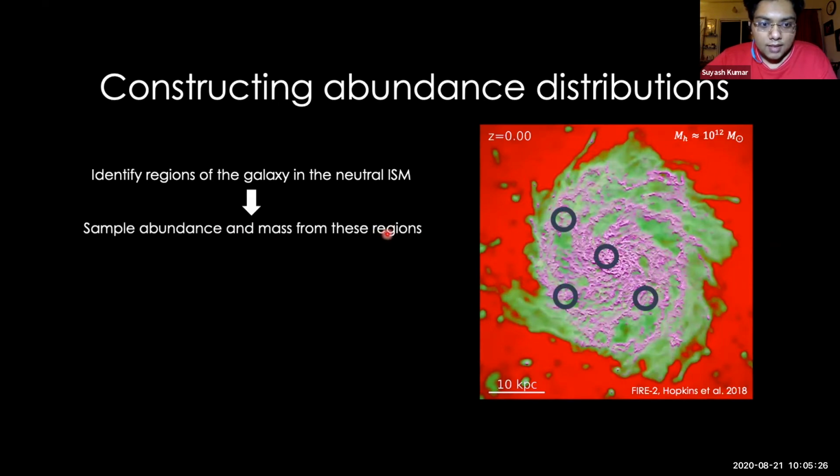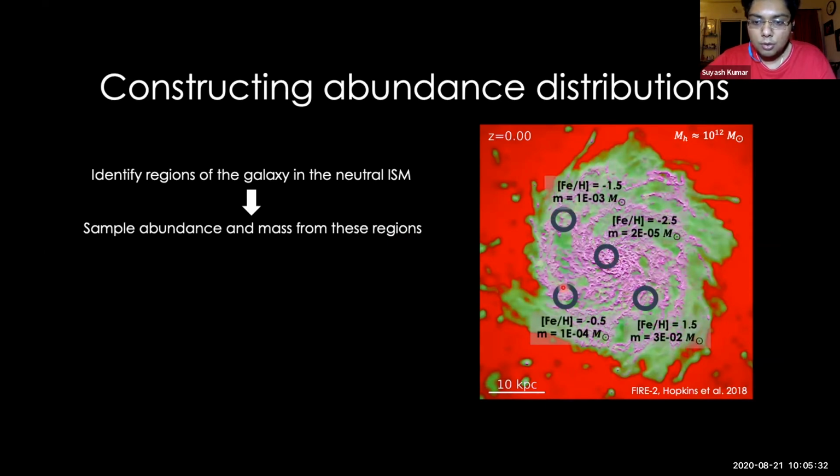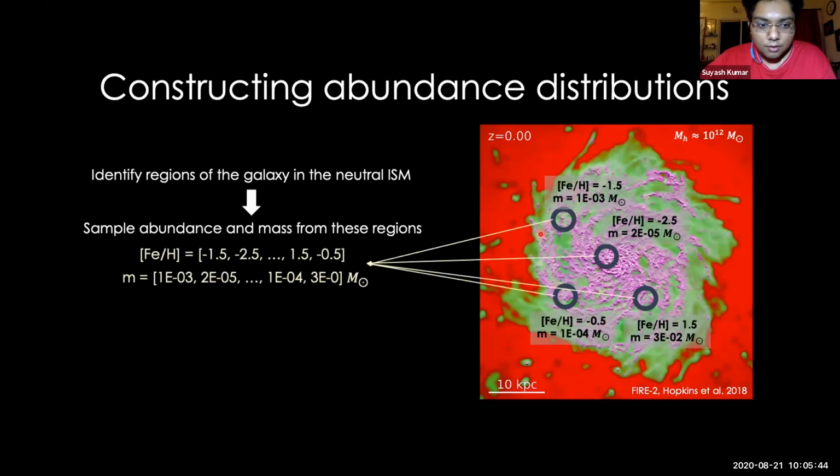And we then sample abundances and masses from these regions. So all of these regions would have some amount of metals and individual masses. Iron is being used as a proxy here for other metals for good reason, which I'll be happy to discuss in case you're interested. But nevertheless, we find the spatial distribution of the metal abundances, in this case iron, and the masses of these regions.